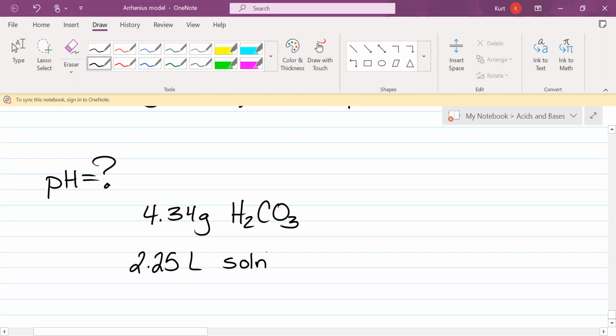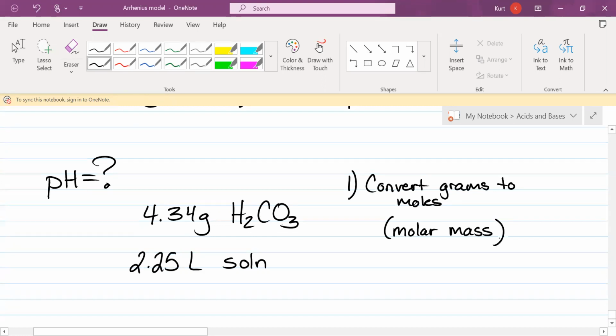All right, here is what you need to do first. I'm breaking it down for you so simply. Step 1, convert grams to moles. How do you do that? Derek was quick to say it. You need to find the molar mass and convert like you've been doing for weeks.